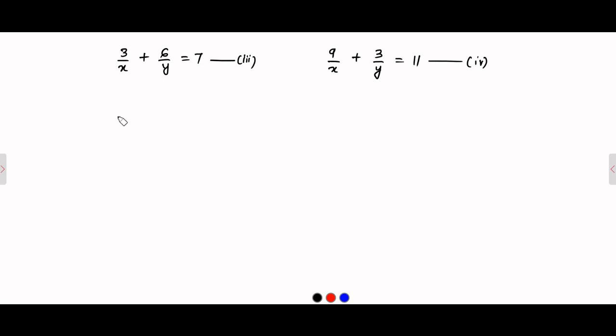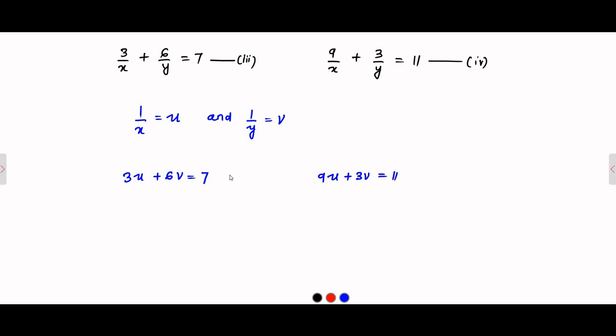So we make the substitutions: 1 by x is equal to u, and 1 by y is equal to v. When we make these substitutions, we get 3u + 6v = 7, and here 9u + 3v = 11.